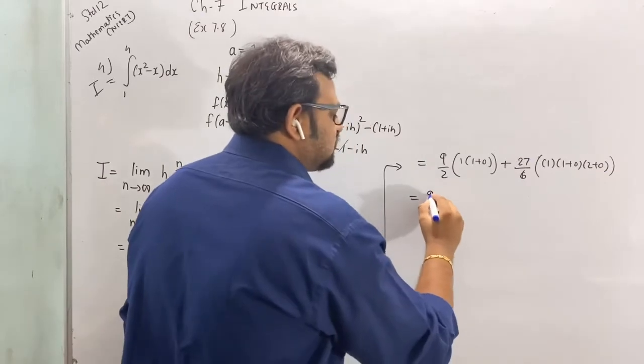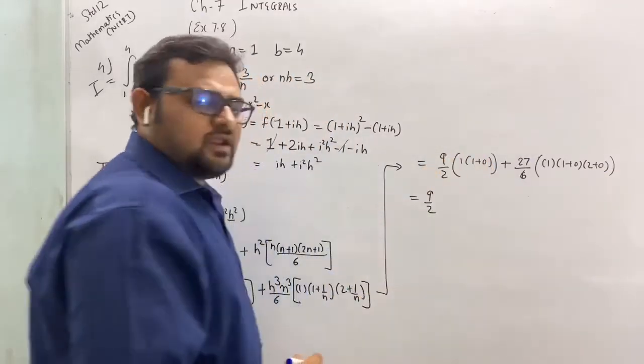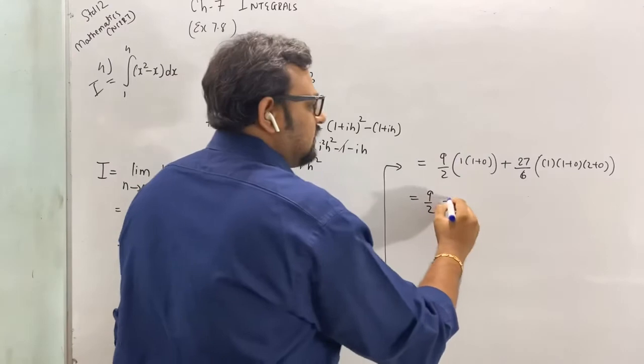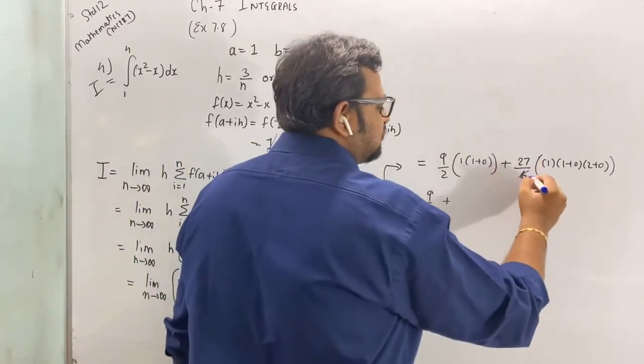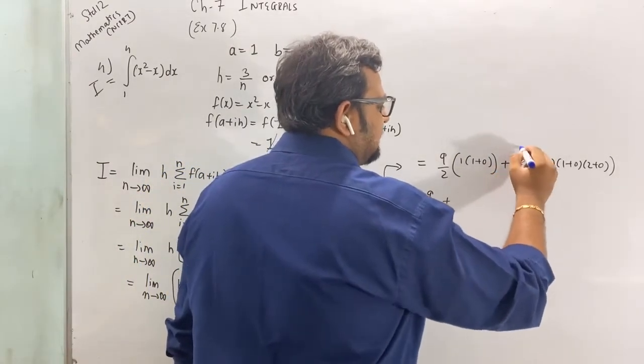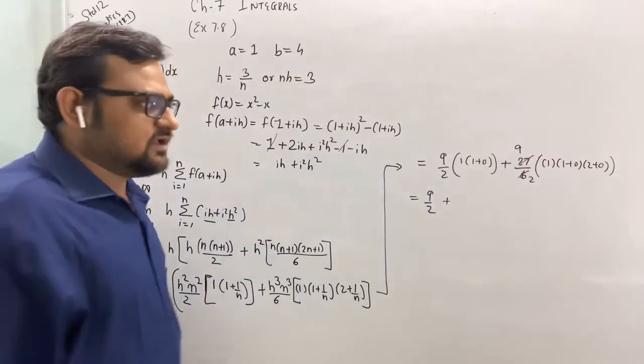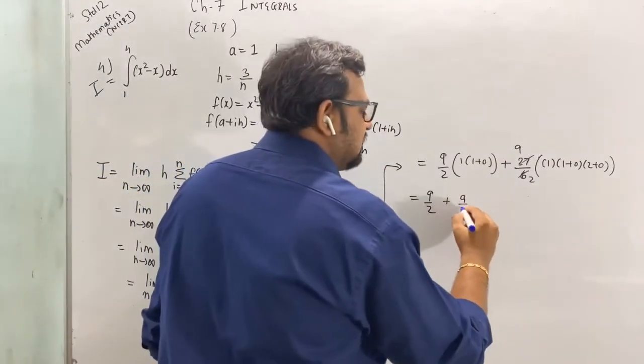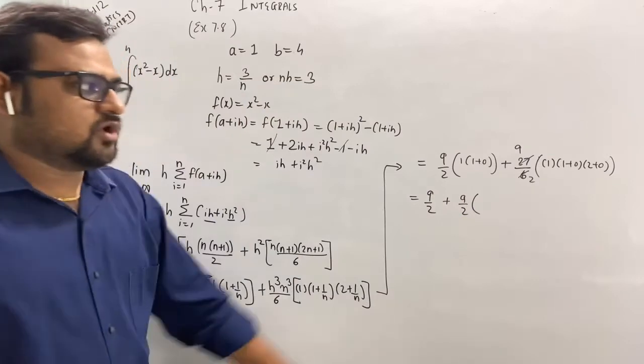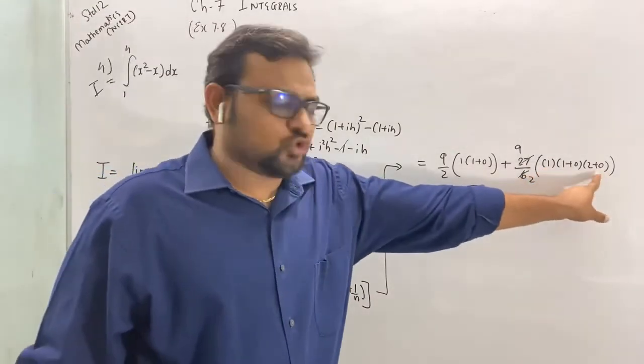So this will be 9 by 2, 1 into 1, 1. 27 by 6, 3 twos are 6, 3 nines are 27. So again 9 by 2, 1 into 1 into 2.